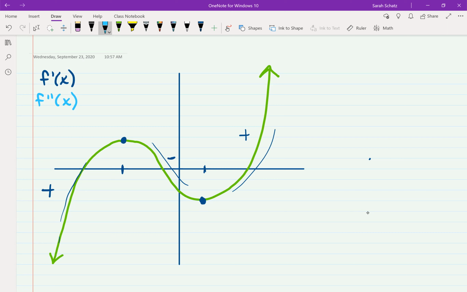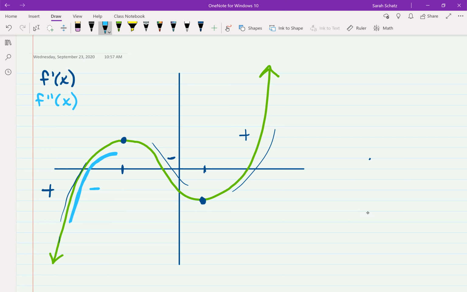So let me draw in blue what the second derivative is telling us. This first little blue curve that I'm drawing is in an area where my graph is increasing. So I know the first derivative is positive there, but the second derivative here would actually be negative.